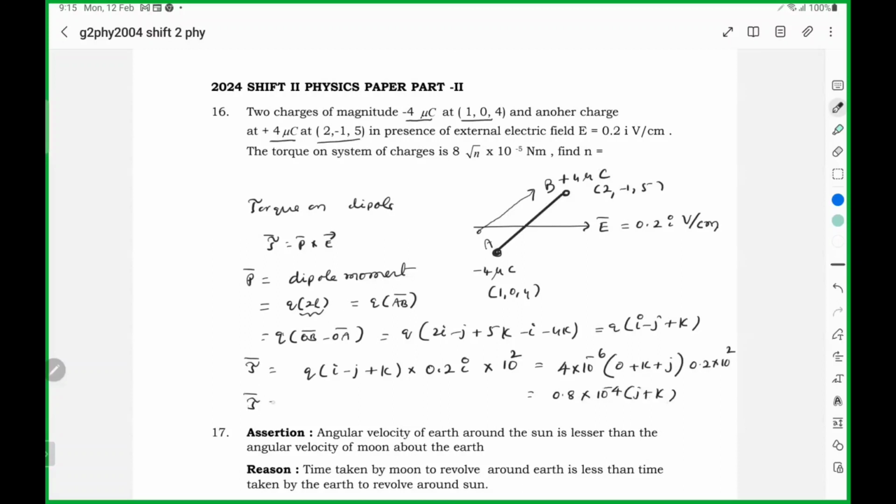So torque will be 8 into 10 power minus 5 (j plus k). The magnitude of torque will be root 2, which implies n value is 2.